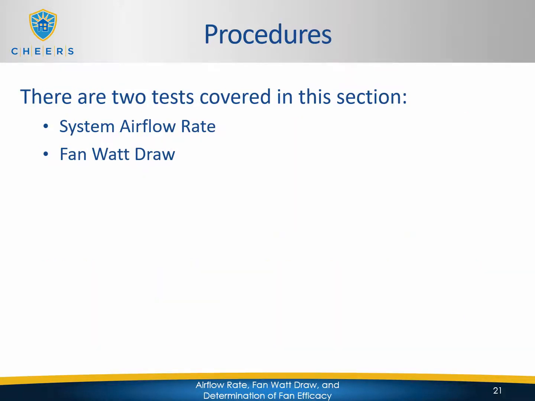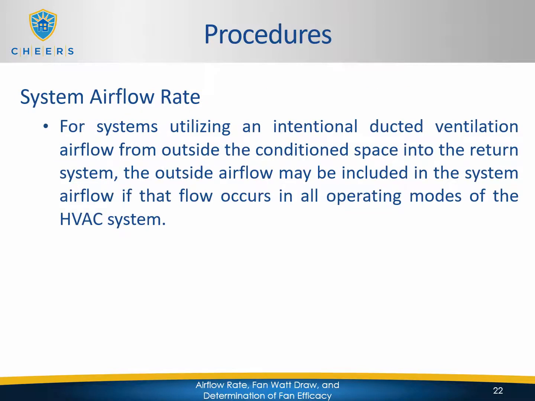There are two procedures that we will discuss in this section: the system airflow rate, which you may also hear referred to as the return adequate airflow, and the fan watt draw. For the system airflow rate for systems utilizing an intentional ducted ventilation airflow from outside the conditioned space into the return system, the outside airflow may be included in the system airflow if that flow occurs in all operating modes of the HVAC system.